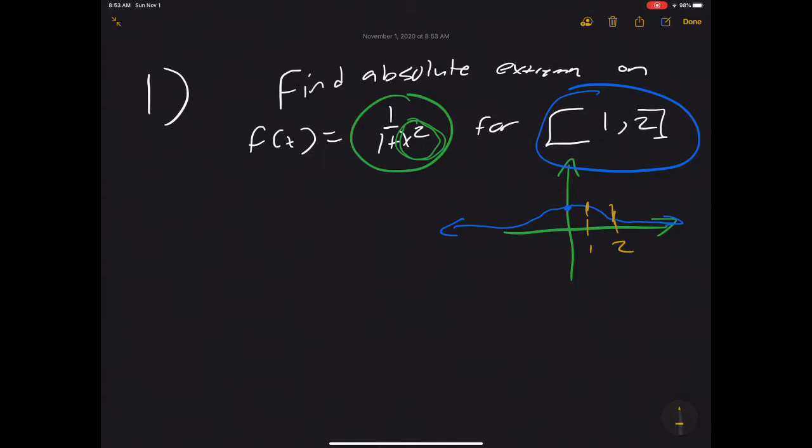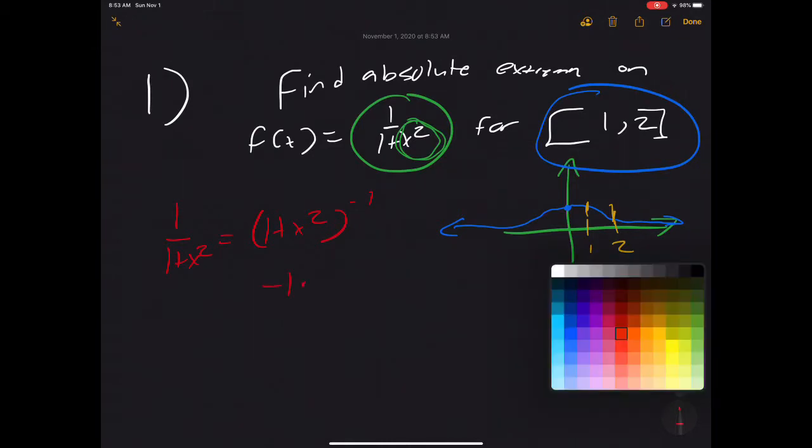But how do we get that using calculus? We just take the derivative of the function, 1 over 1 plus x squared. I can use the quotient rule, or I can just say this is equal to 1 plus x squared to the negative 1. And I can take the derivative of it, which gives me negative 1 times the derivative of the inside.